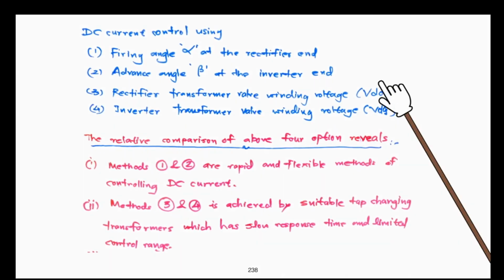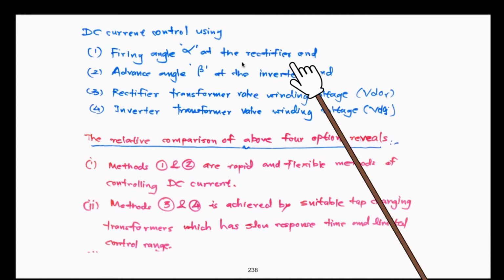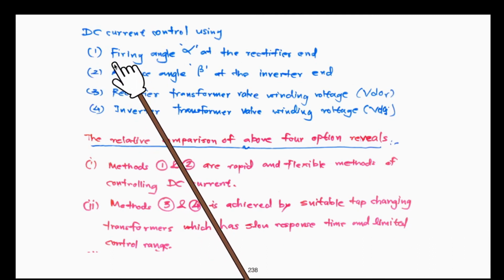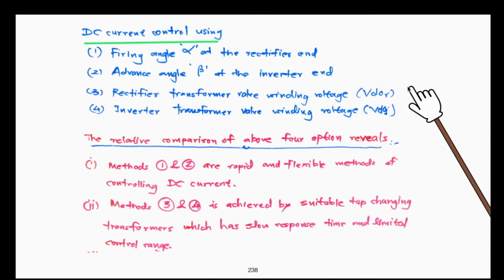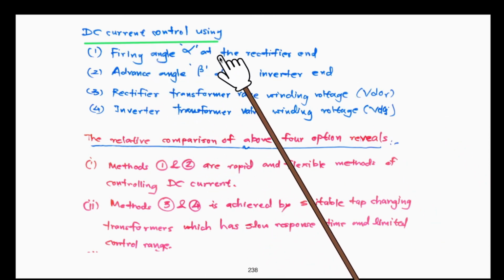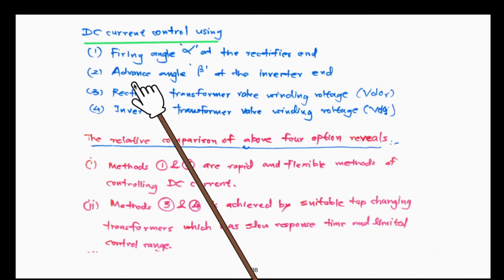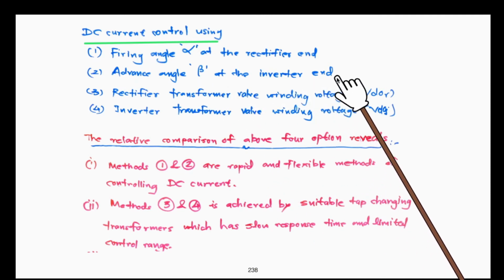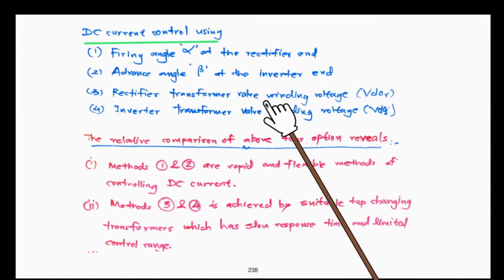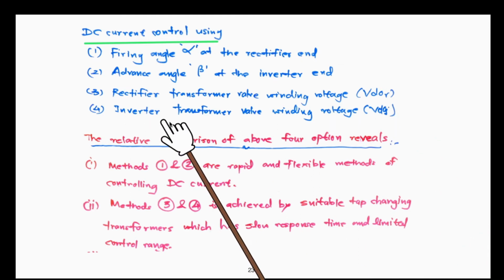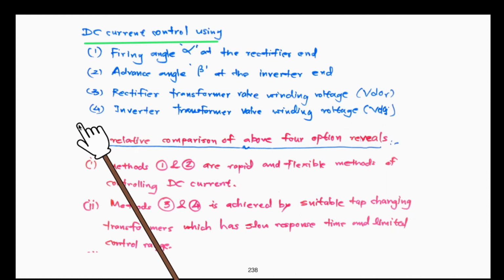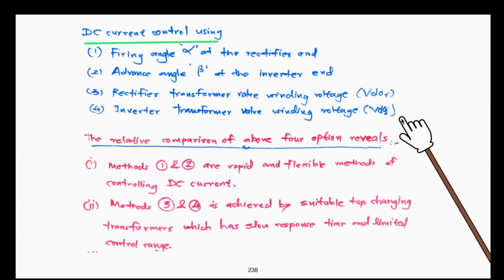The same thing has been mentioned here in the next slide. Kindly observe that DC current can be controlled using various methods: firing angle control alpha at the rectifier end, advance angle beta at the inverter end, rectifier transformer valve winding voltage, that is VD0R at the rectifier end, and transformer valve winding voltage at the inverter end, VD0I.